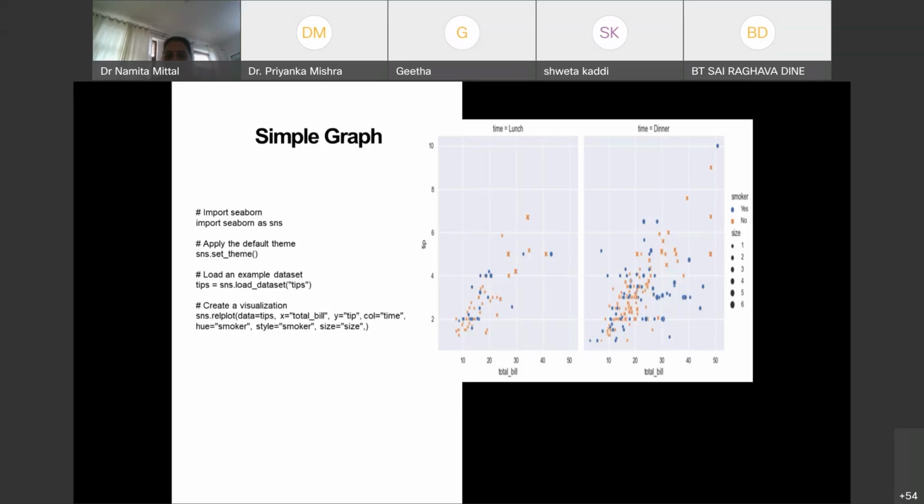Look at the example. Here we have tip against total bill when time is lunch, and when time is dinner, what is the projection of the data? How do we take the data?